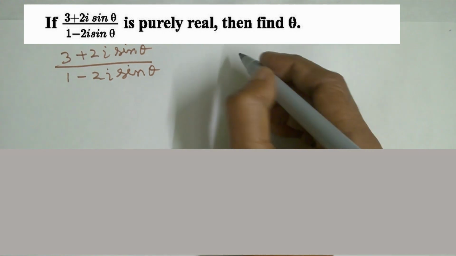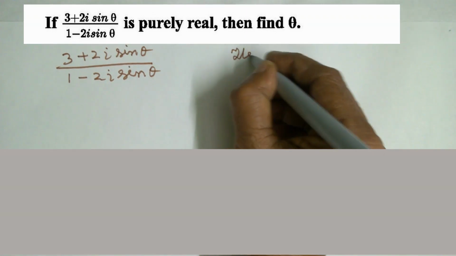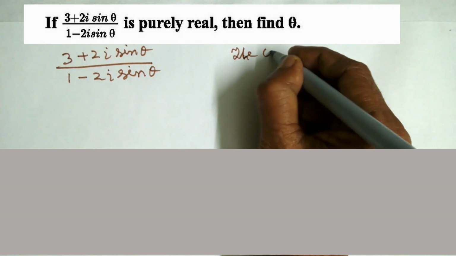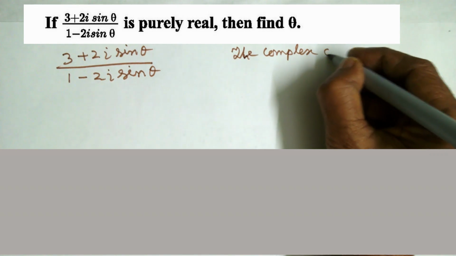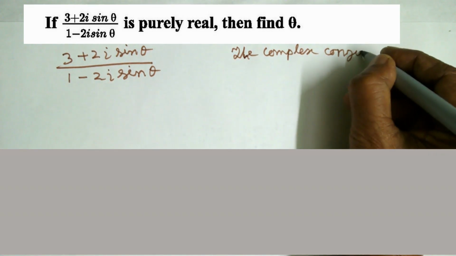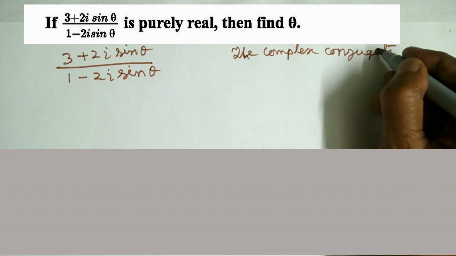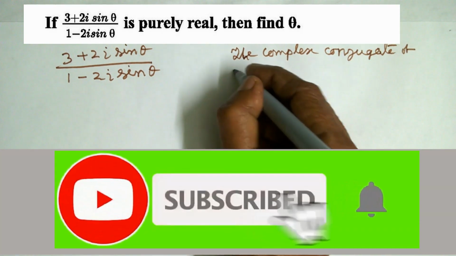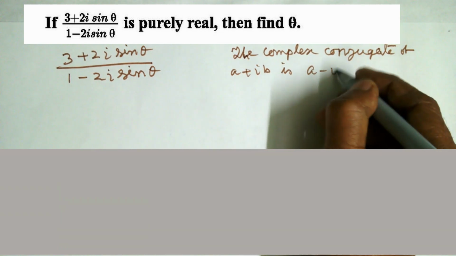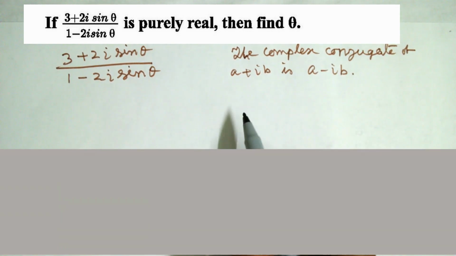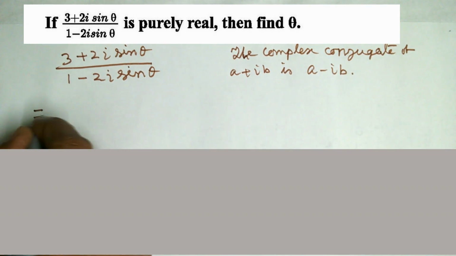It is known that the complex conjugate of a plus ib is a minus ib. That is, replace i by minus i. So for this case we will do it this way.